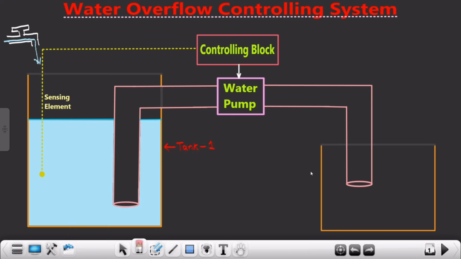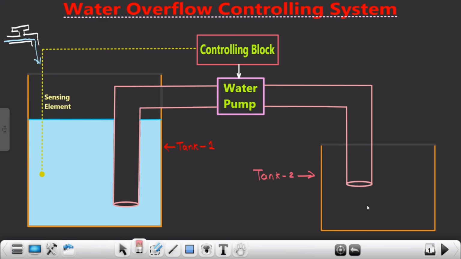So to avoid this overflow, we are actually using two tanks, okay? So whatever the extra amount of water that is coming in tank 1, that is getting filled in tank 2, okay? With this particular process, we are actually saving the water, or we are avoiding the wastage of water. So this is the main agenda of this particular video, okay?